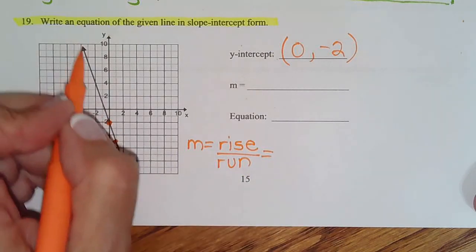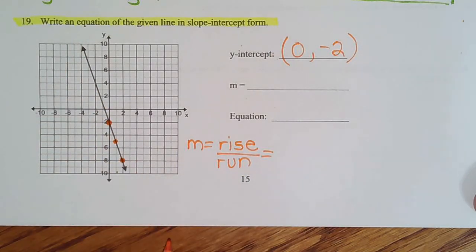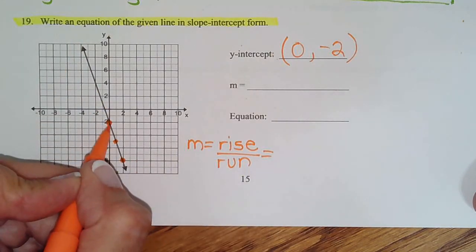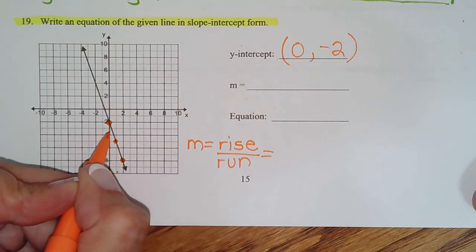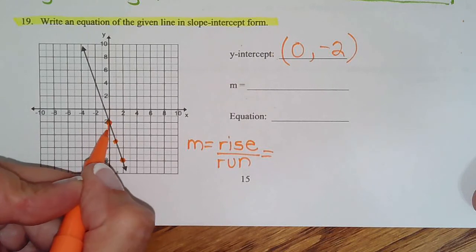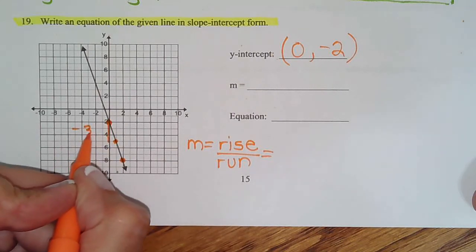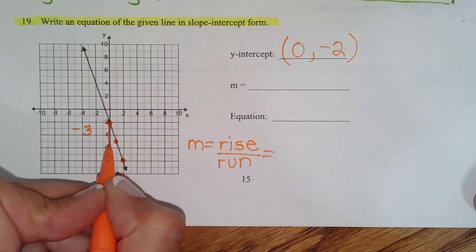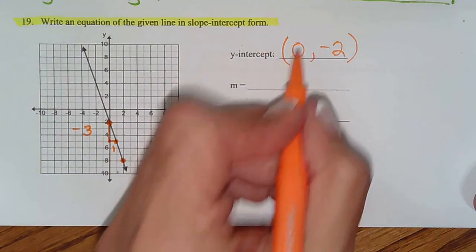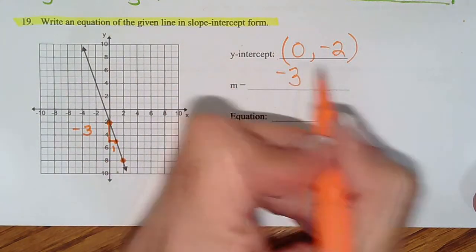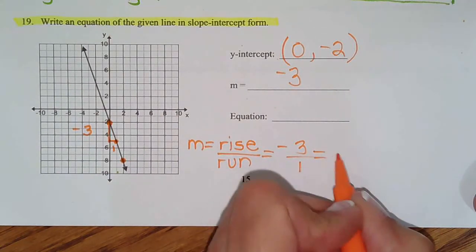So this line is falling, so my slope better be negative. So going from left to right, what's my rise? Down 1, 2, 3. So down 3 is negative 3. Run 1, so it'll be negative 3 over 1, which is just negative 3.